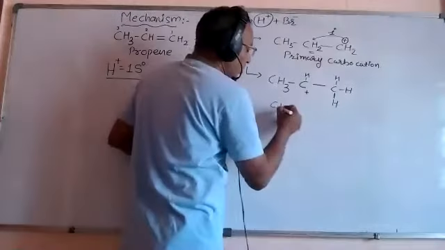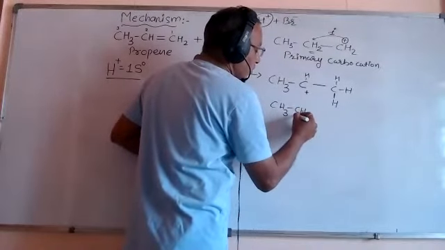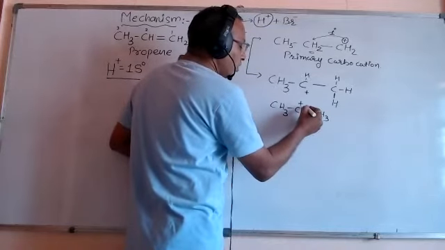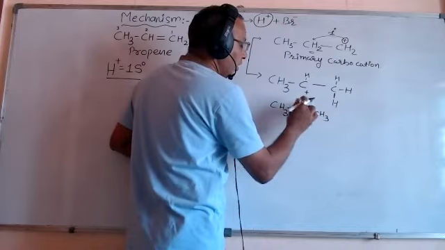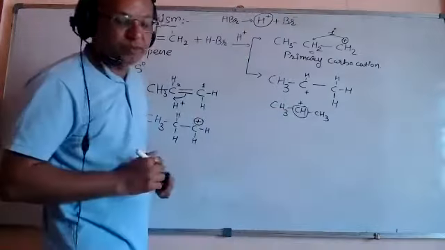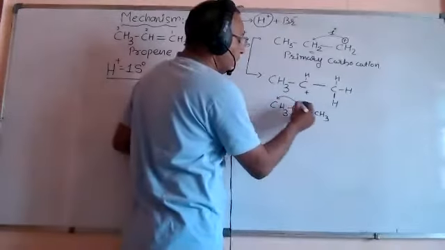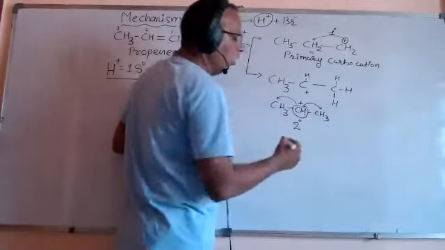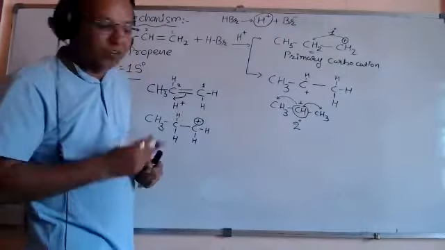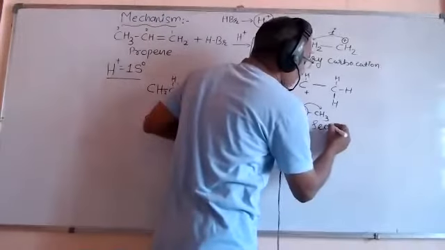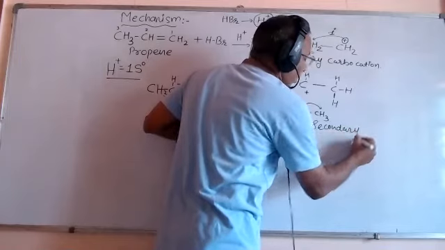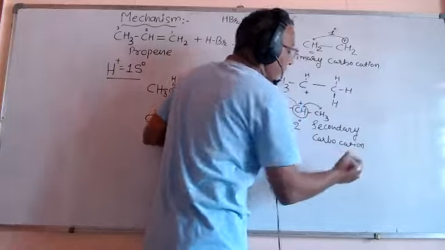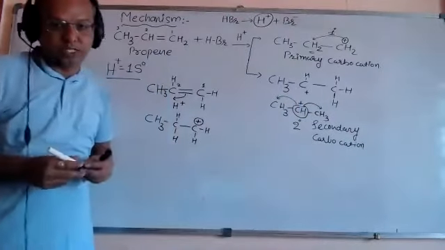So this is CH3, CH plus and CH3. Here you can see this middle carbon is positively charged, and this carbon is directly attached to two carbon atoms, and that's why it is called 2 degree, or secondary carbocation.